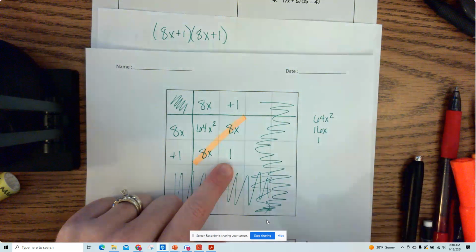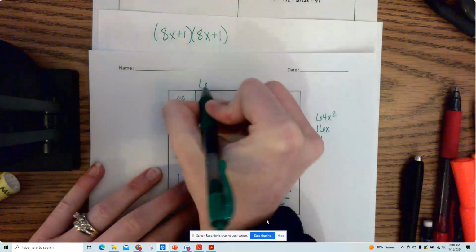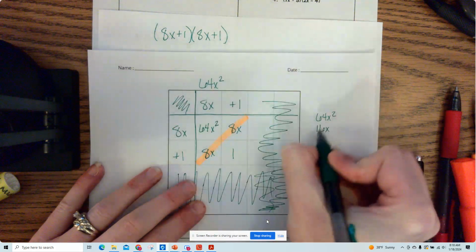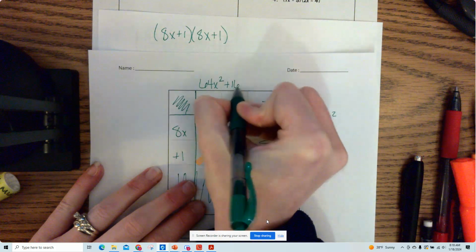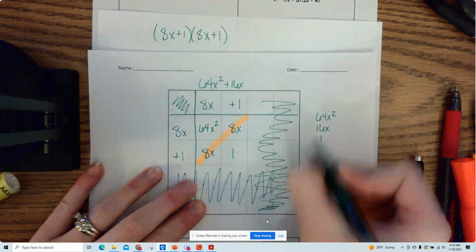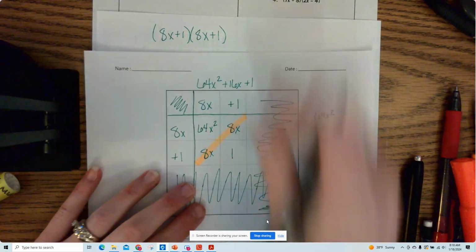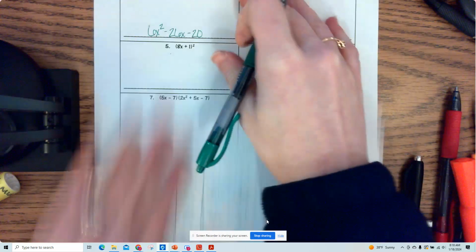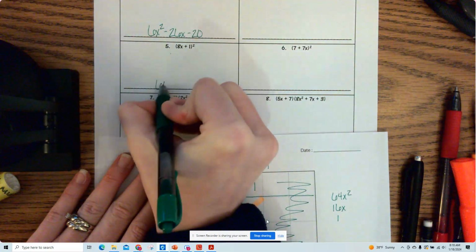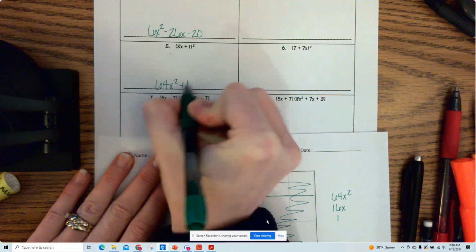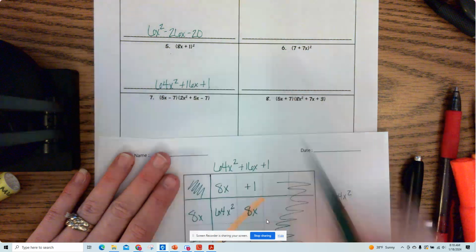Nothing to combine that 1 with. So when we write it all out, 64x squared, 16x is positive, so we do plus 16x, and then the 1 is positive, so plus 1. So 64x squared plus 16x plus 1.